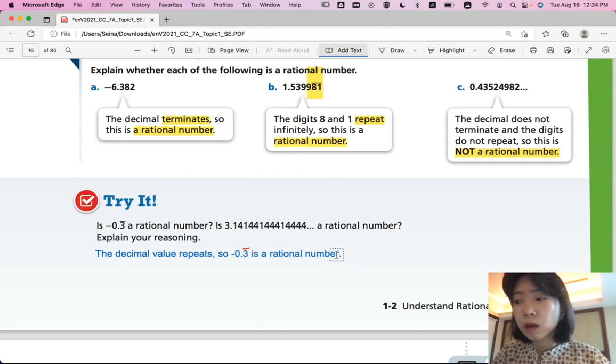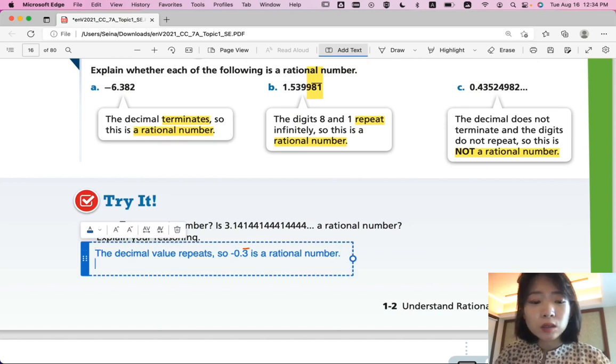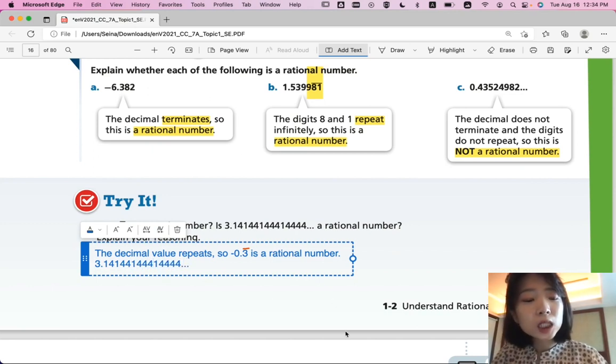Okay. What about 3.14, 144, 1444, 14444, dot, dot, dot. It does have a pattern, but is it repeating? It seems like it's repeating patterns, but it's not repeating the same digit, right? It's not repeating 14. It's not repeating 144.